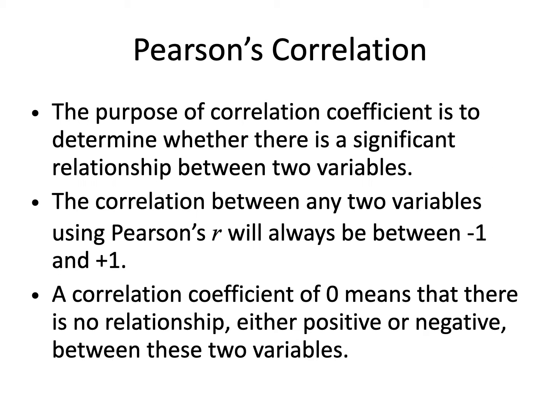So let's discuss the Pearson correlation in more detail. Basically, the purpose of the correlation coefficient is to determine whether there is a significant relationship or correlation between two variables.